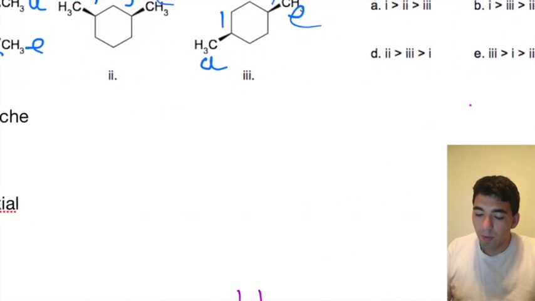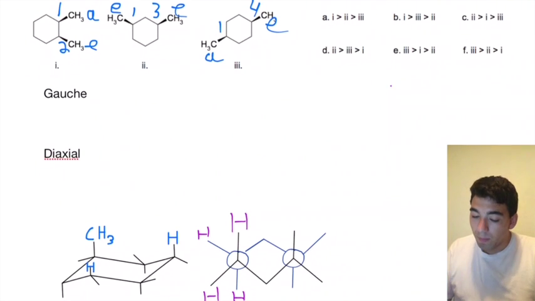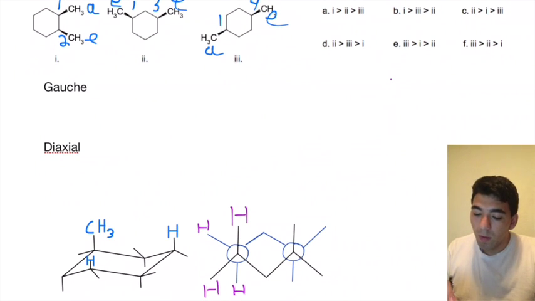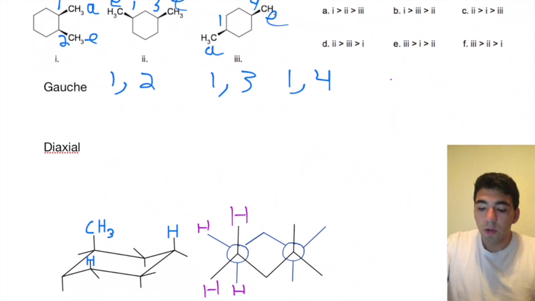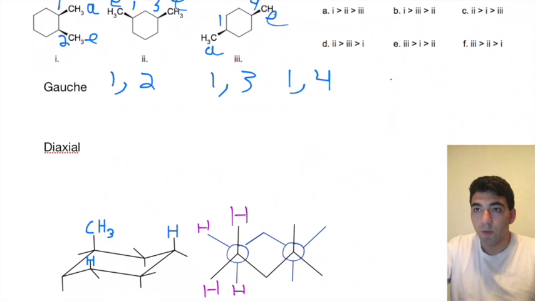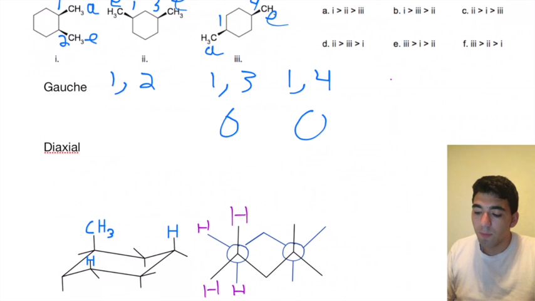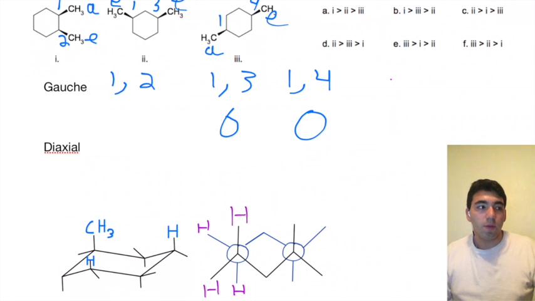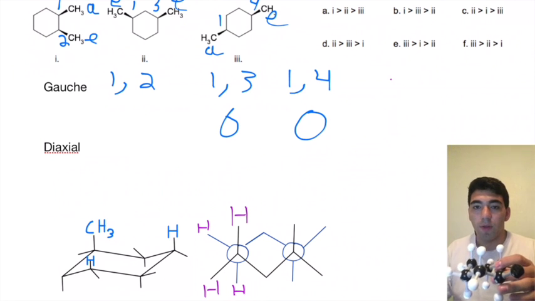Okay, now we want to look at the interactions about these branches. So let's look at the gauche interactions for 1,2, 1,3, and 1,4. Gauche interactions really will only happen with 1,2. So we can look right away at 1,3 and 1,4 and say there's going to be no gauche interactions, or 0. That's because those don't focus on diaxial, which are interactions on top.